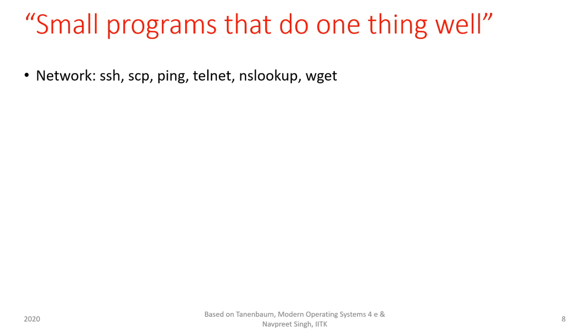So when we say small programs that do things well, we talk about, say, network related small programs. When we think about the Linux operating system, we would come across various small programs that can do various things.